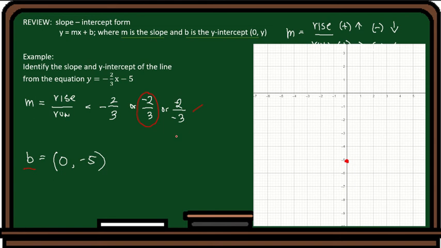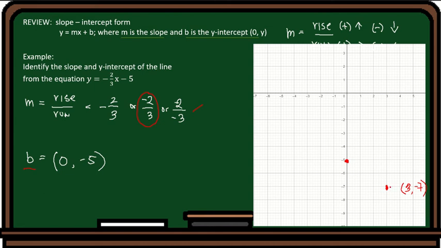So, let's count 3 since 3 is the run. 1, 2, 3. So, this is now our second point with an ordered pair of 3, negative 7. Don't forget to write the points, to name this point as positive 3 and negative 7.